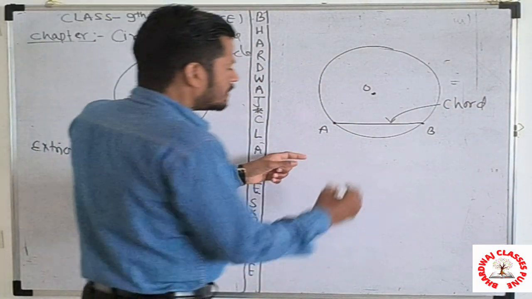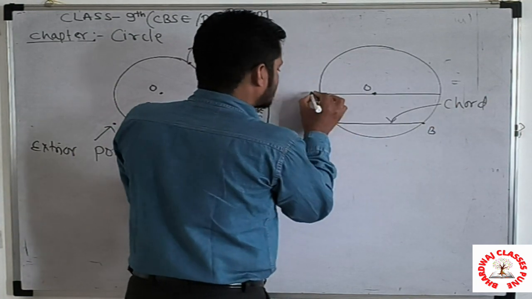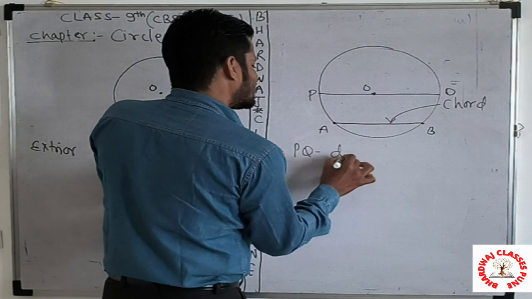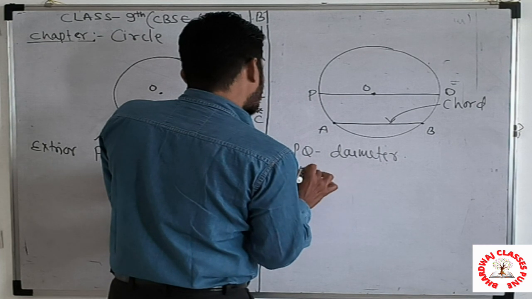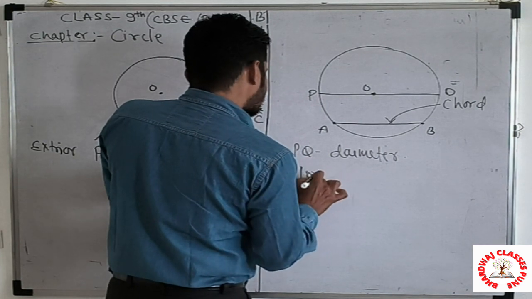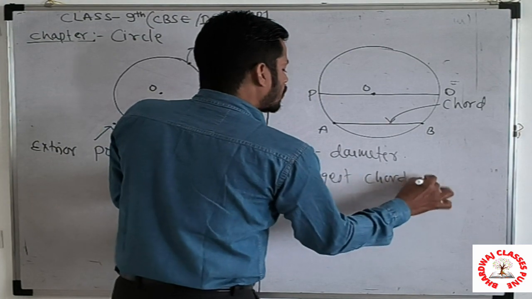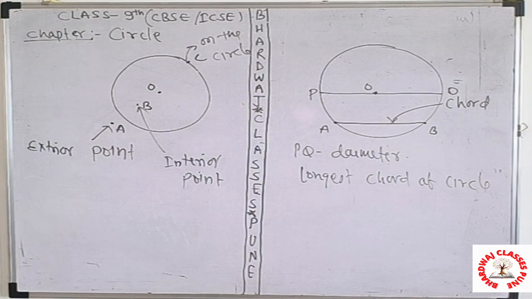And you know, the longest chord of the circle is the diameter, PQ. It's a diameter, and it is called the longest chord of the circle. Hopefully you are going to understand.